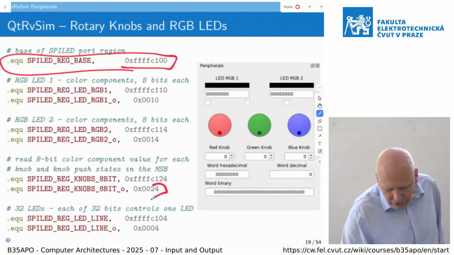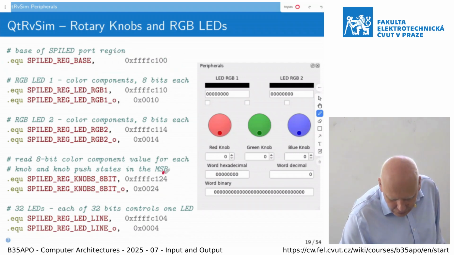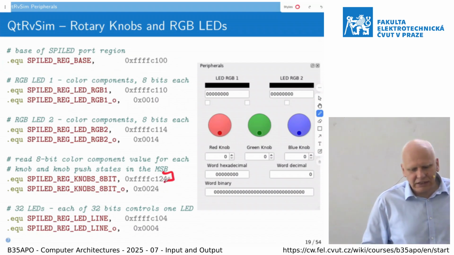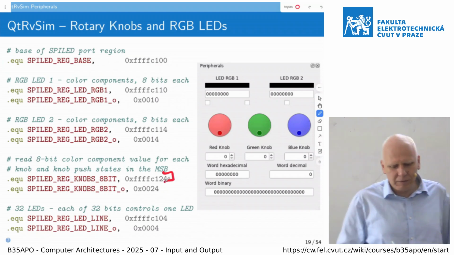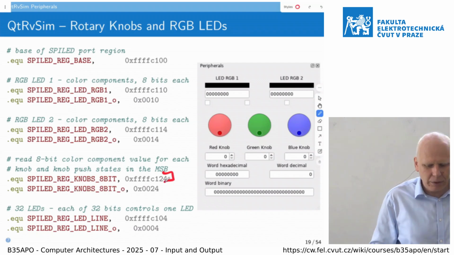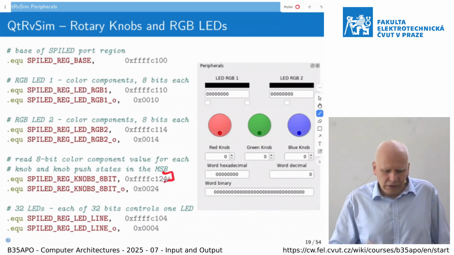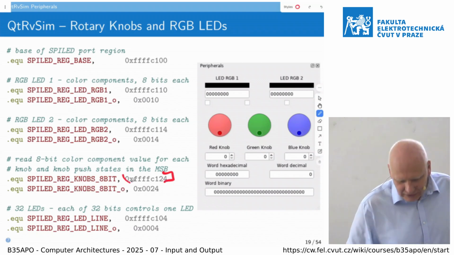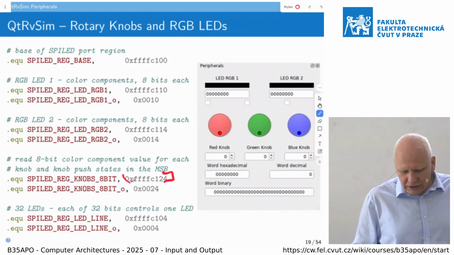But you can add those directly, and then you get this address directly. And because we do not have a memory management unit emulated by our simulator, you can directly access this address and read the value which is tuned on the knob.